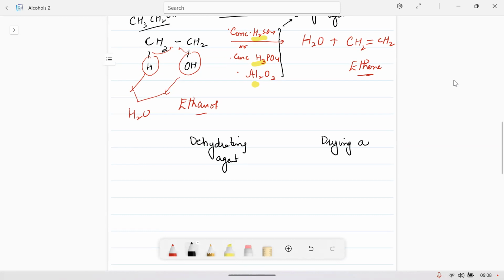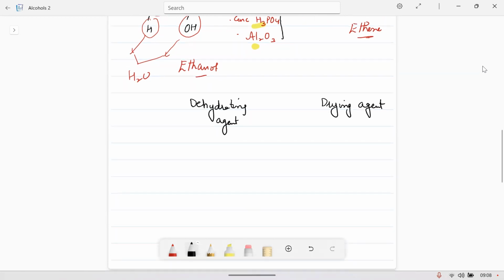A drying agent removes H2O molecules. Like for example, you have CuSO4.5H2O. If you want to remove this water, you will need a drying agent. So the salt becomes anhydrous.